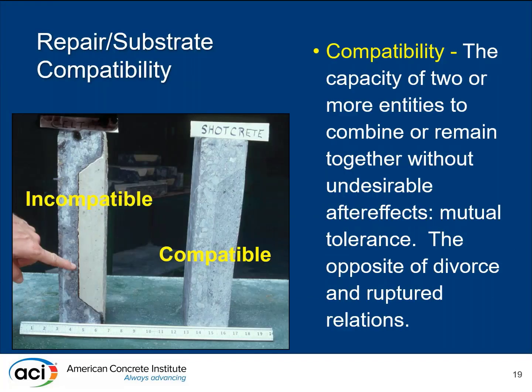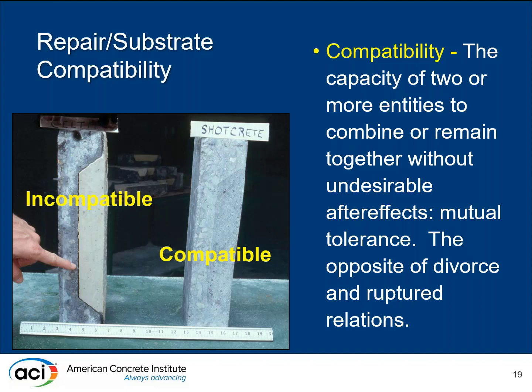So what do I mean by compatibility? This is a more formal definition: it's the capacity of two structures or entities to combine and work together. But really the idea is, you want to make these two one, so they have to have similar properties and similar performance. Or if the properties are different, other properties are considered so that they can still behave together.